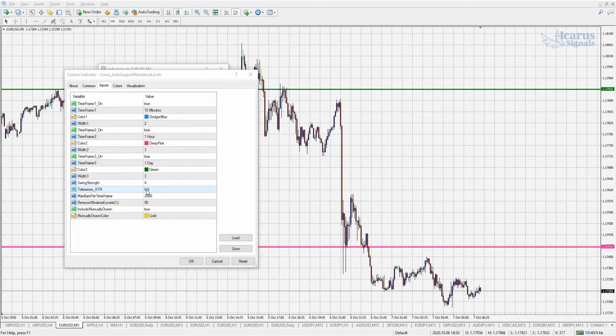So this ATR value helps us to measure, in ATR, which support and resistance levels are going to be acceptable to appear on the chart. So we've then got here this maximum bars per time frame, which we went through before. That's fairly self-explanatory.